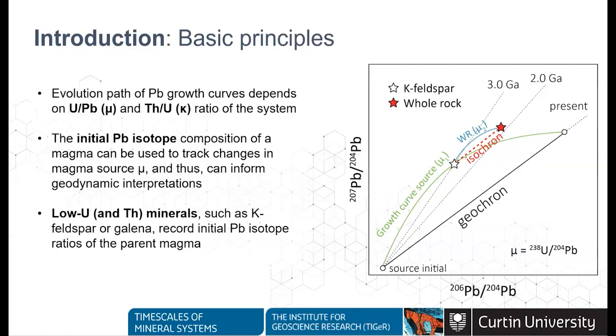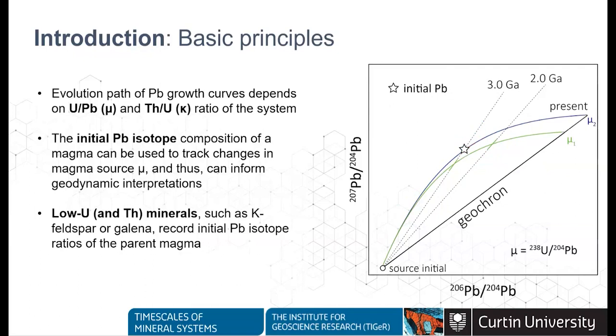So if we analyze whole rock, for example, and we want to get the initial lead isotope composition, we need to correct for the effect of radiogenic ingrowth first, which is possible if we have information on age and the uranium content, but it just adds another step to things that we need to do before we can get the initial composition of the system.